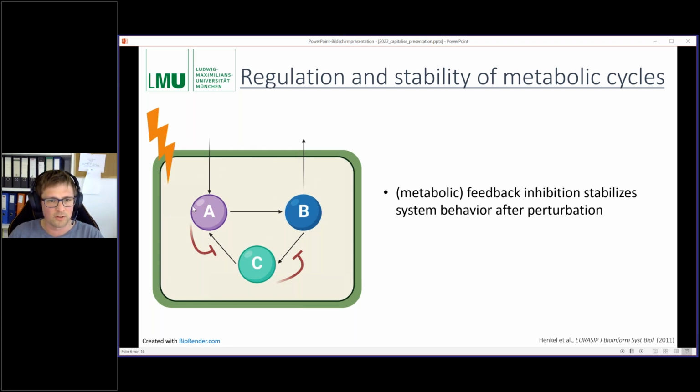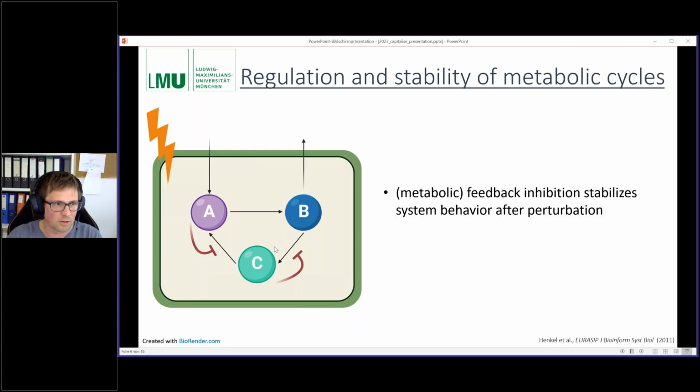If you perturb the system and then observe how the system reacts, then you might observe different patterns depending on the structure of this metabolic network, but of course also on the underlying kinetics. What you typically see, and what is well known also from other pathways, glycolysis is a famous example, is that metabolic feedback inhibition, as indicated here by those red arrows, stabilizes system behavior after perturbation.